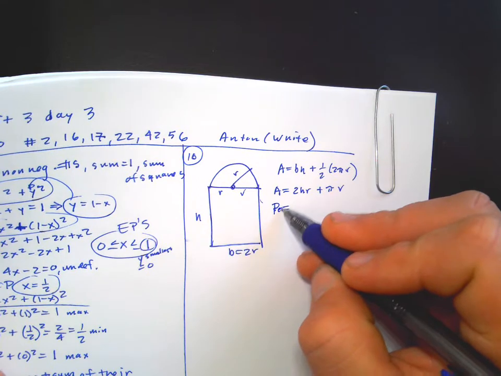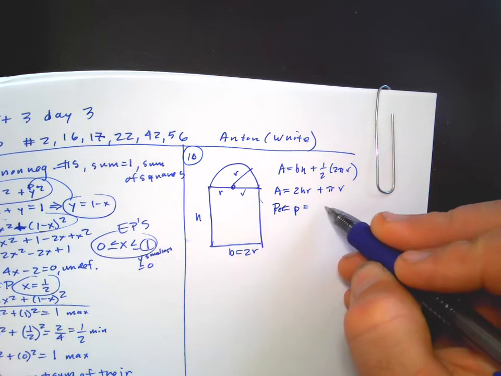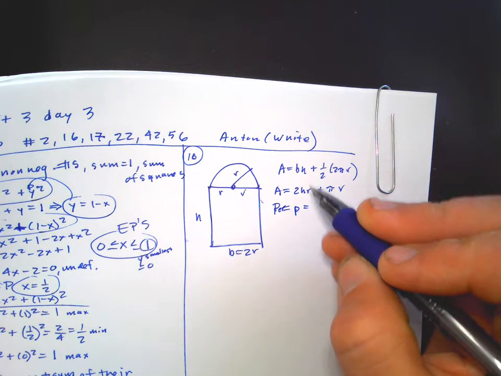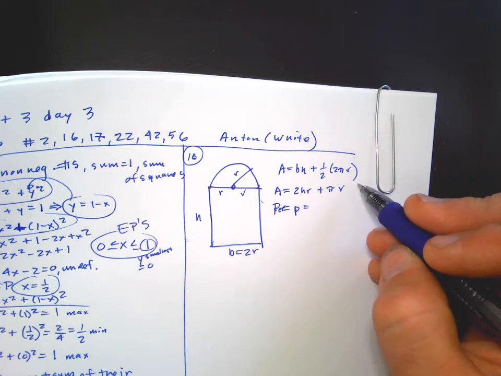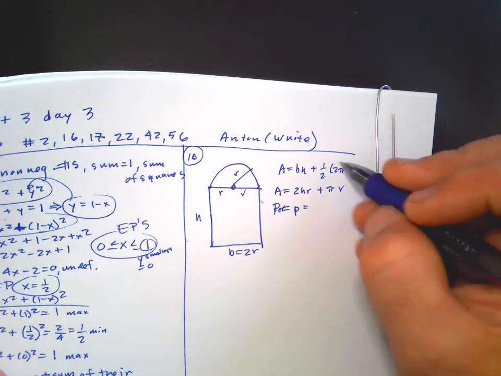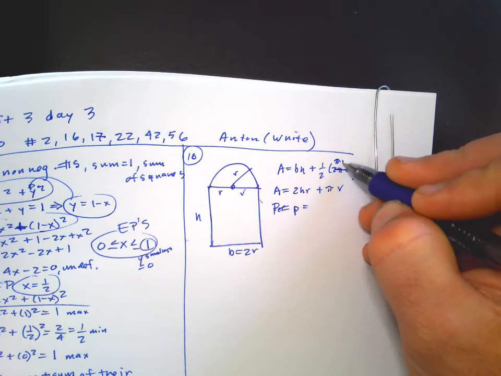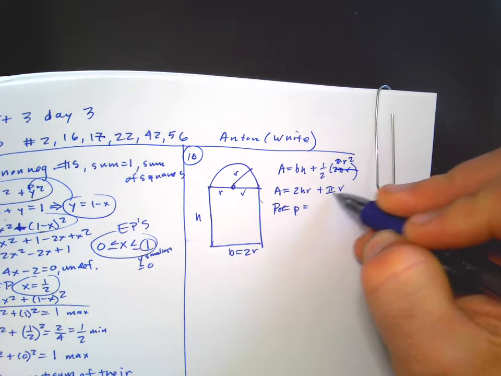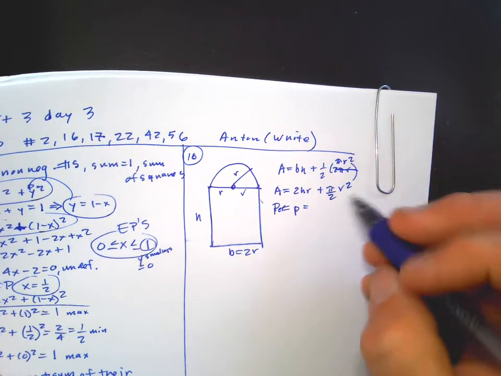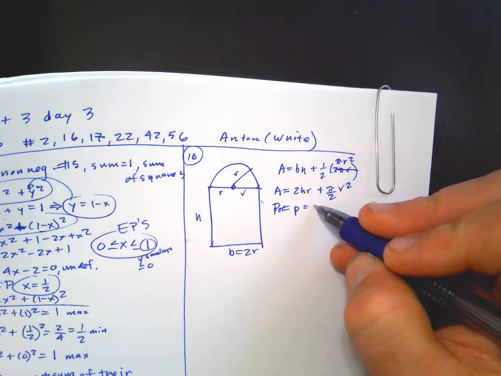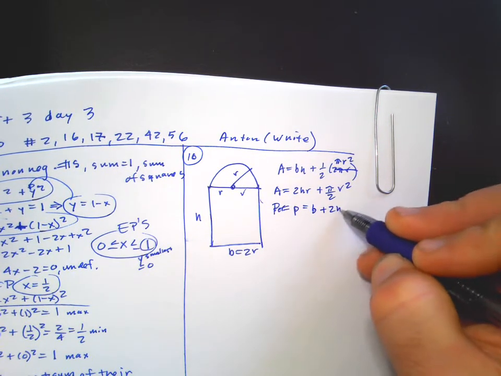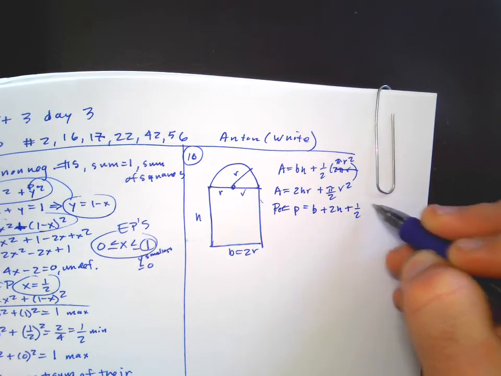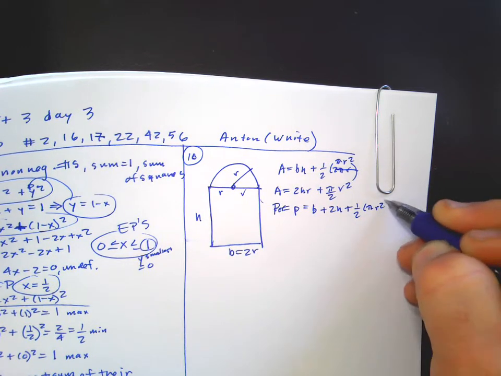So the perimeter, P equals, oh shoot, I messed up this. This should have been pi r squared. The perimeter is the base plus 2 h's plus 1/2 of the circumference. That's what I should have done there.